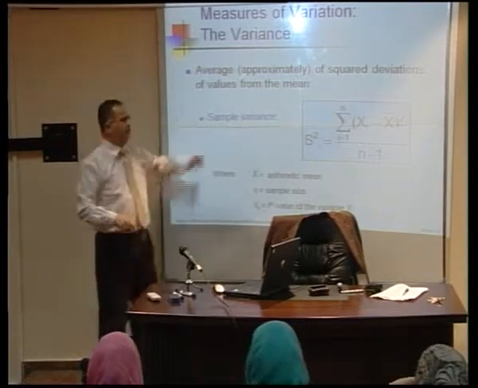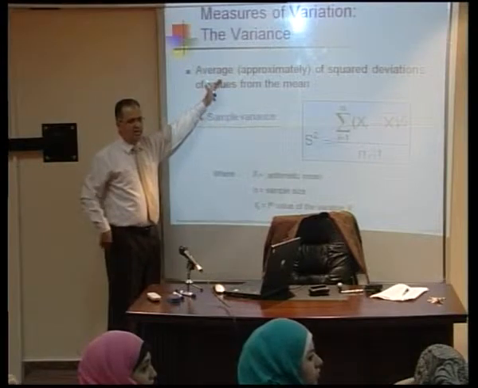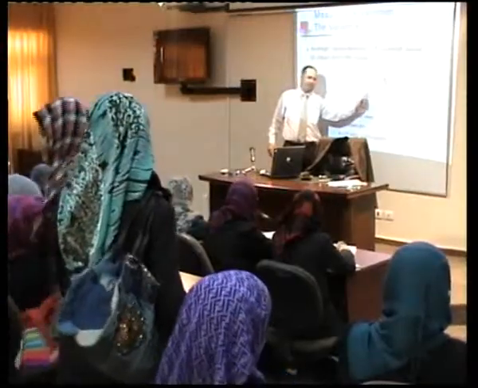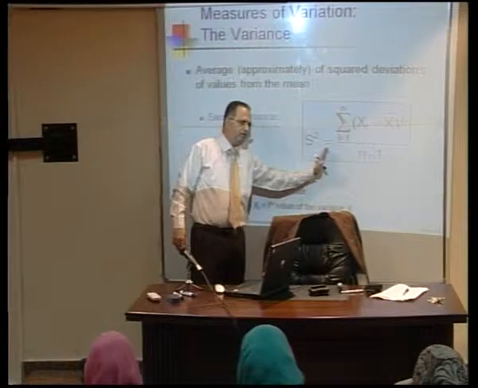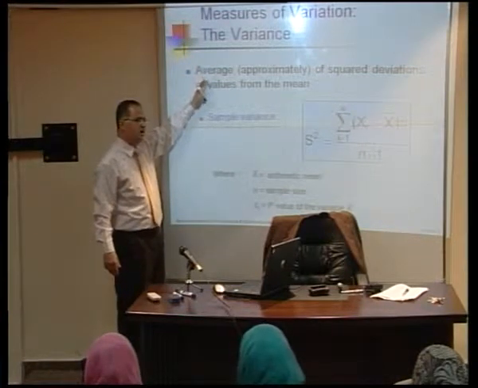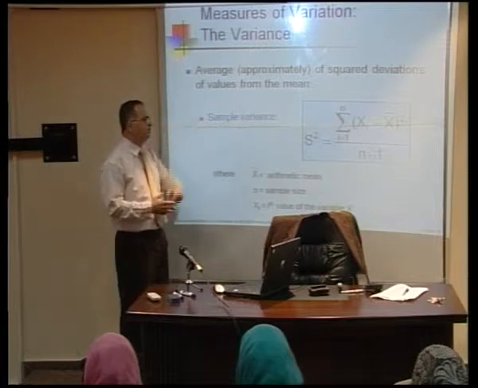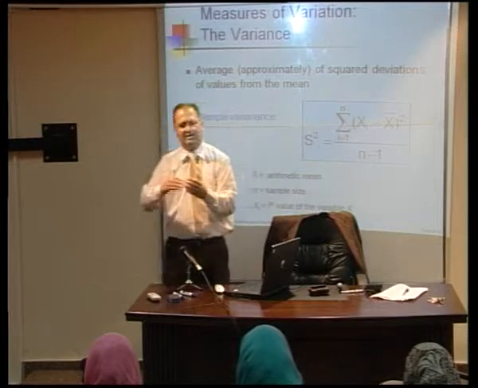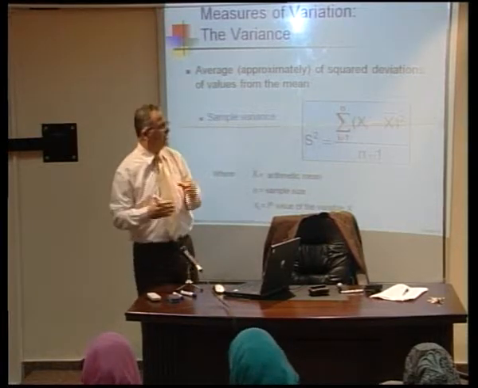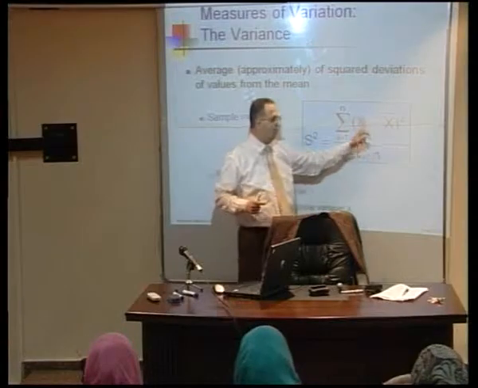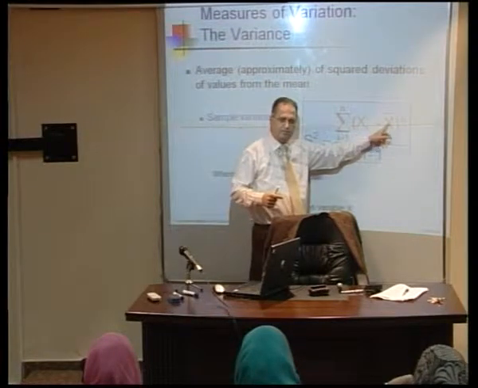Now, the variance, if you look at this formula, let's see how we can define the variance based on this notation. The variance is the average, or approximately the average, because here we divide by n minus 1, not n, so it's not exactly the average, but approximately the average of what? Of squared deviations of the values from its mean.